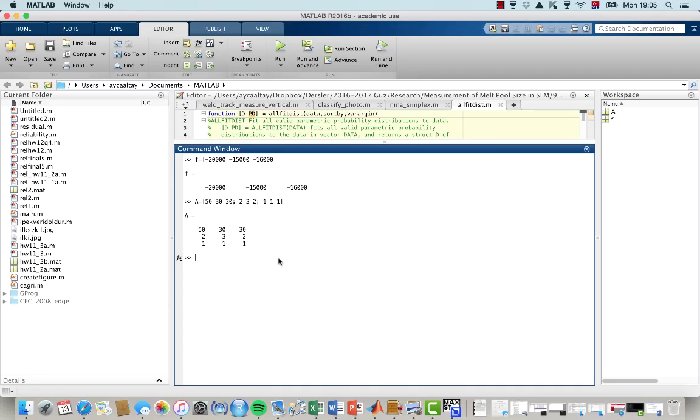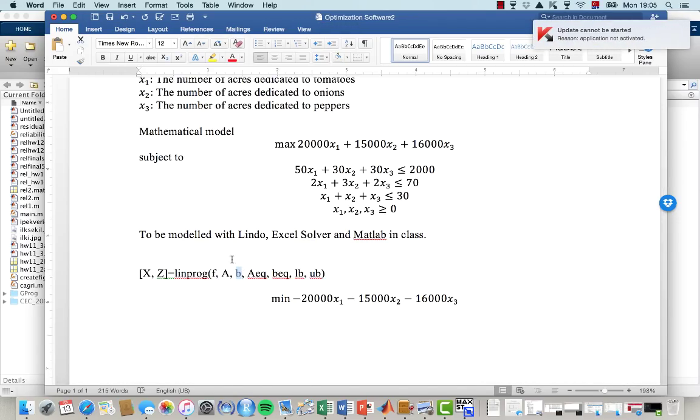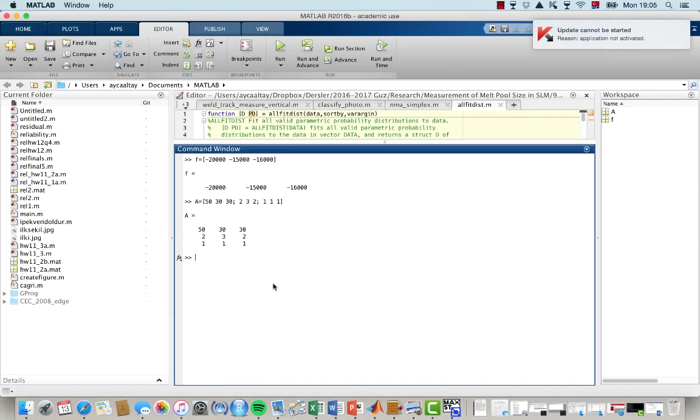So, as you can see, these are our left-hand side constraint coefficients of less than or equal to constraints. And the next thing, B is the right-hand side of the less than or equal to constraints. You can write it as a row vector or a column vector. Actually, it doesn't make a difference.